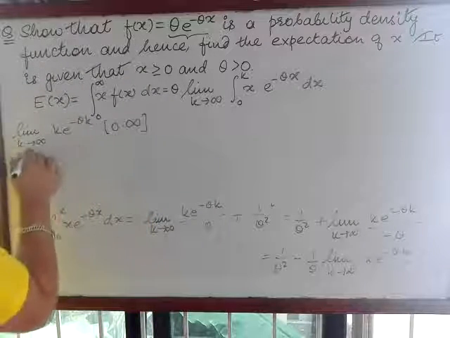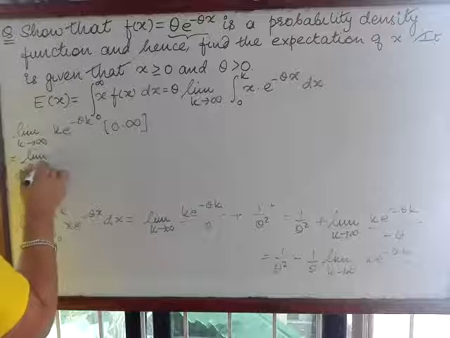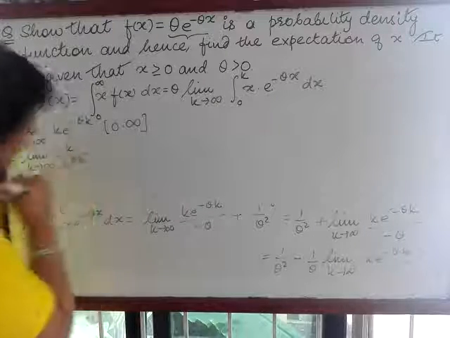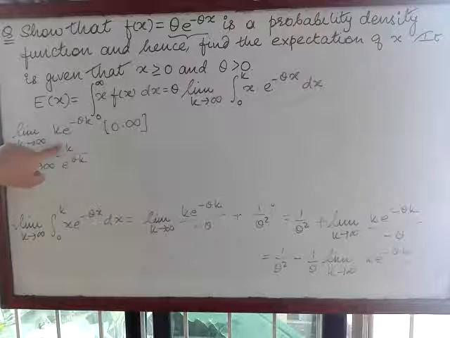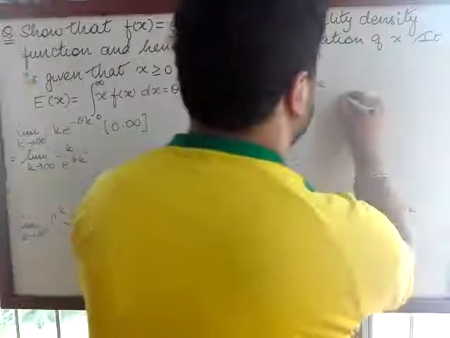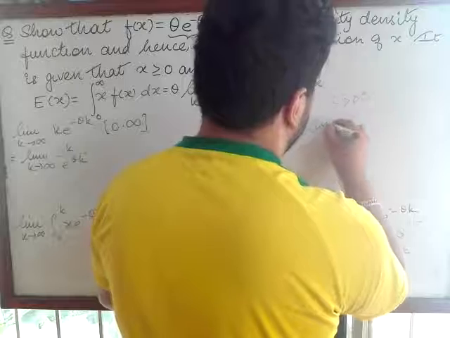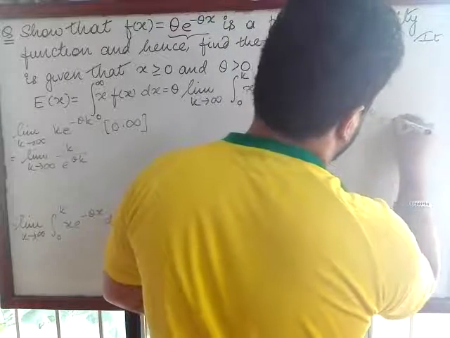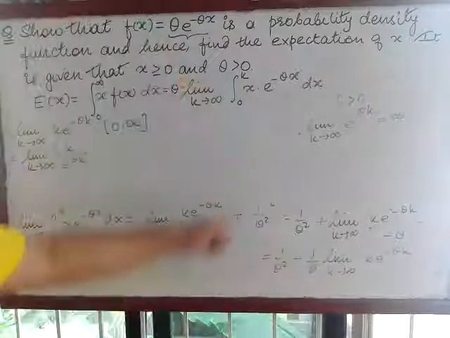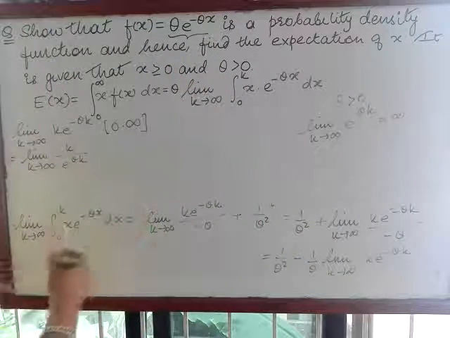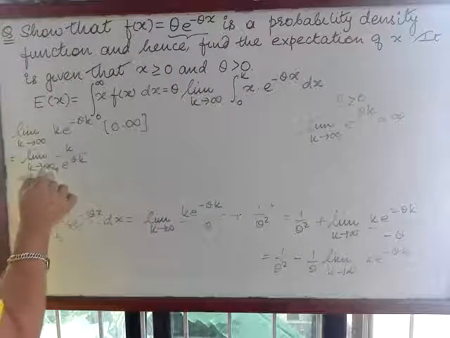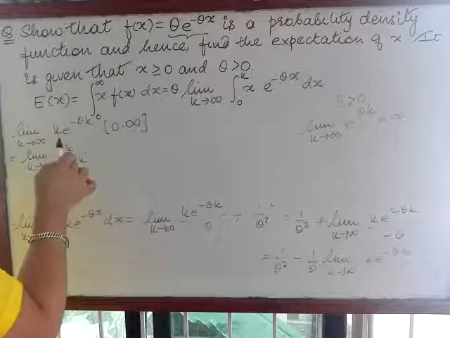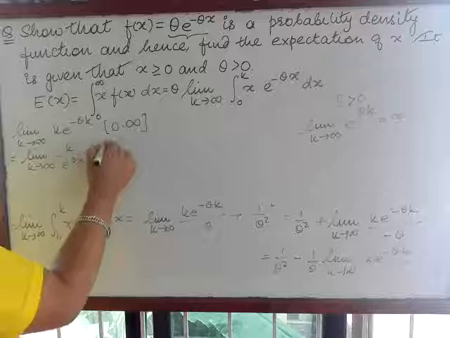Now if we write it as the limit as k tends to infinity of k over e to the power theta k, then since theta is greater than 0, the limit as k tends to infinity of e to the power theta k will be equal to infinity. We know that, that's a standard result. Now we have an infinity by infinity form.